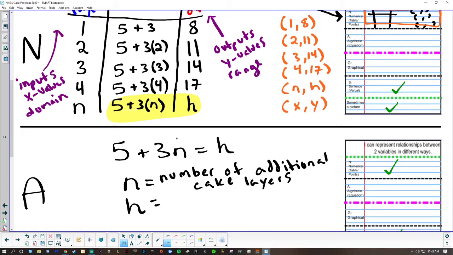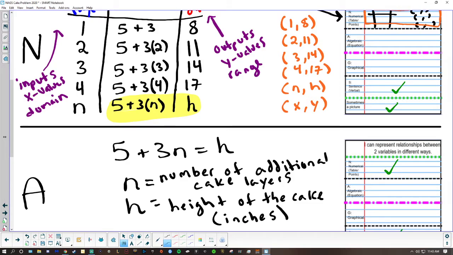And we know h stands for the height of the cake. And we know that based on our problem, this is in inches. Remember, units are super important. We don't want the reader to think this is in feet, because an 8-foot tall cake would be enormous.